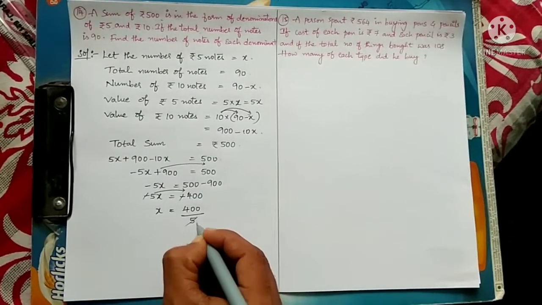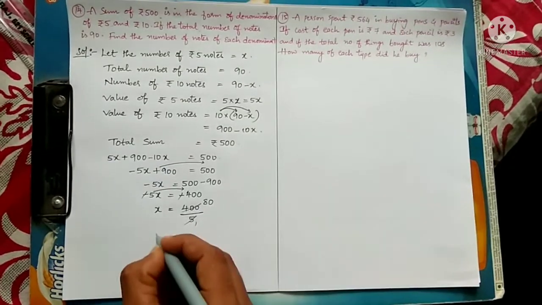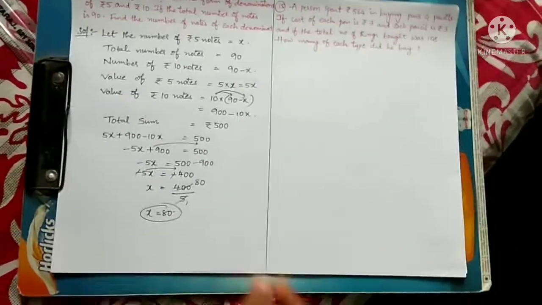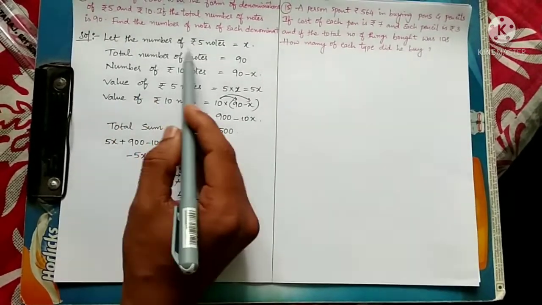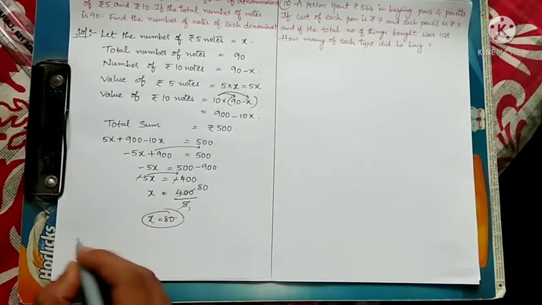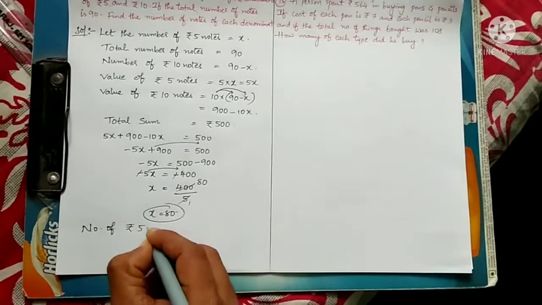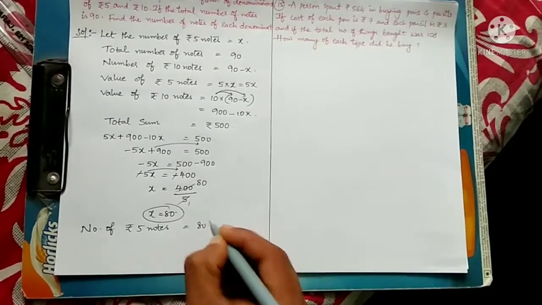Cancelling this, 5 ones are 5, 5 eights are 40, 5 zeros are 0. x is equal to 80. What is the value of x? That is nothing but the number of 5 rupees notes. The number of rupees 5 notes is equal to 80.